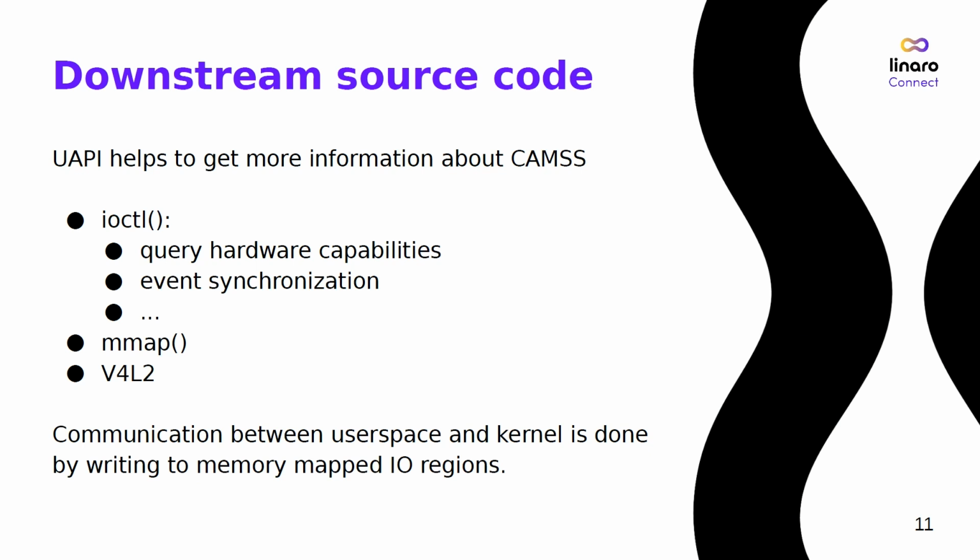UAPI helps to get more information about CAMSS. This is also a very good source of information because it evolves with various SoCs. So basically you can see what is added, what is new in the new version of SoC, what is supported, what is removed.